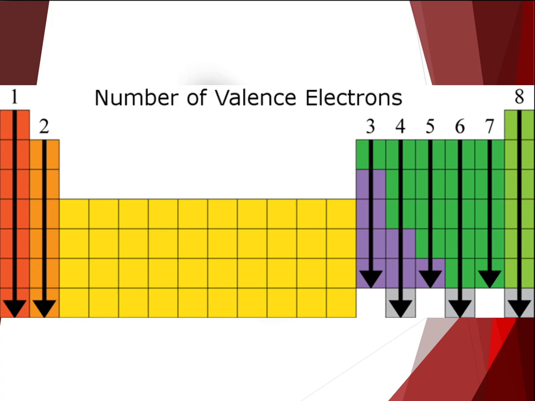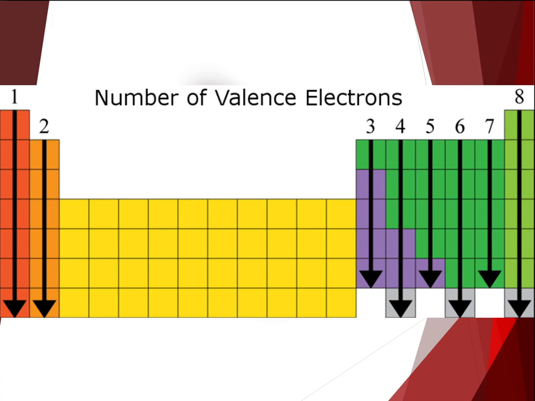For example, elements in group 1 contain 1 valence electron. Elements in group 2 contain 2 valence electrons. For elements in groups 13 through 18, the number of valence electrons is 10 less than the group number. So an element in group 15, for example, has 5 valence electrons.